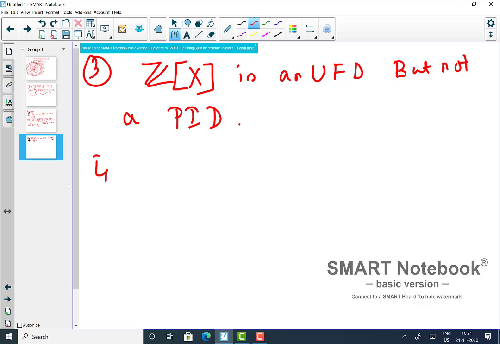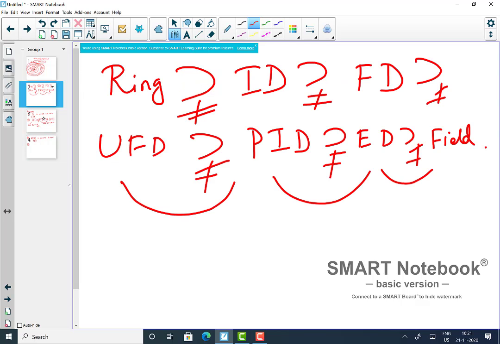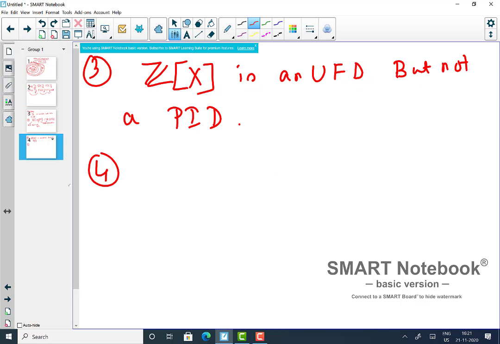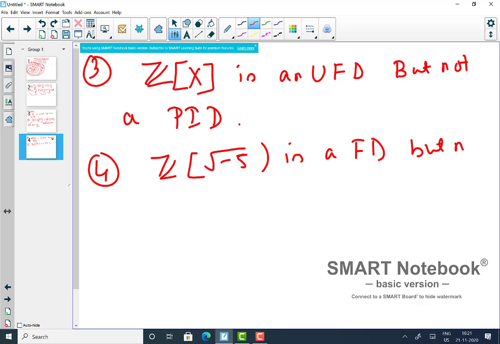And then maybe I can give another example here, from here to here. Z[√-5] is an FD, a factorization domain, where you can factor, but it is not a unique factorization domain.